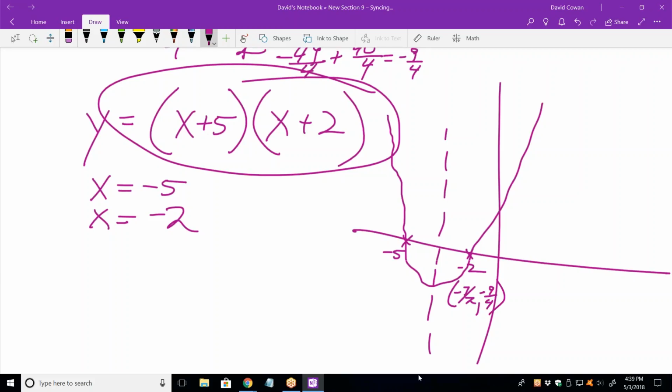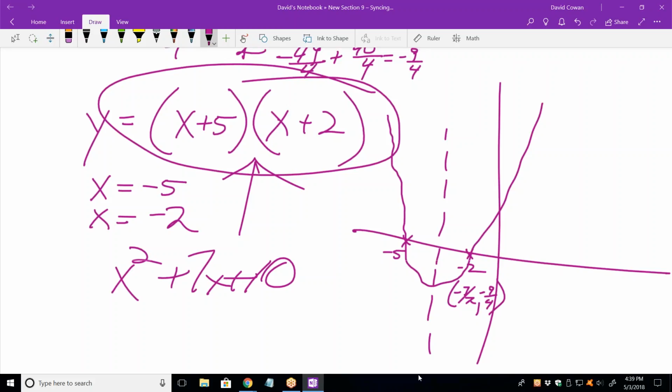So I did it a completely different way because they gave me the function in a different way. They didn't give it to me as x squared plus 7x plus 10. They gave it to me in factored format. And that's a different format for a parabola. That's called the X-Intercept Format.